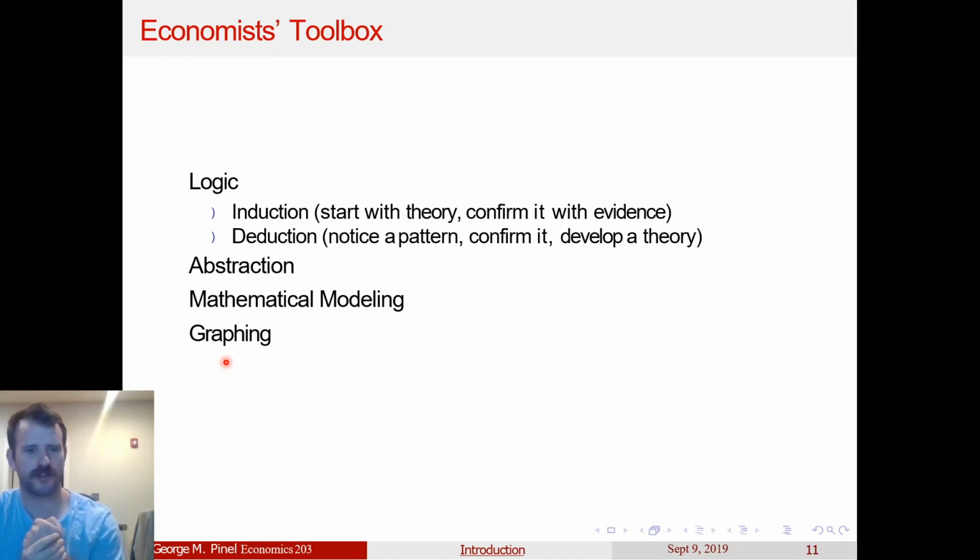Abstraction is the process of taking a complicated picture and pulling out all the things that are more complex than the question that you're asking, or so complex that you can't come to a clear answer. So if you're looking at macroeconomics, because again, I think that macroeconomics will make a larger assumption base, let's say you're looking at inflation and unemployment, they'll take a representative household in their model.